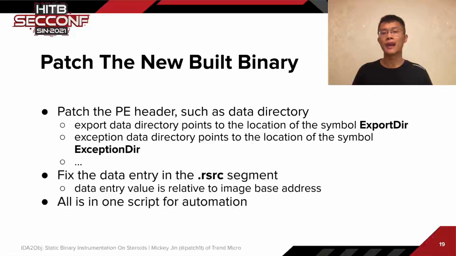And we need to patch the exception data directory to point to the location of the symbol exception dir, and so on. And then we need to fix the data entry in the resource segment. The data entry value is relative to the image-based address. All of these fix operations are in one script for automation.